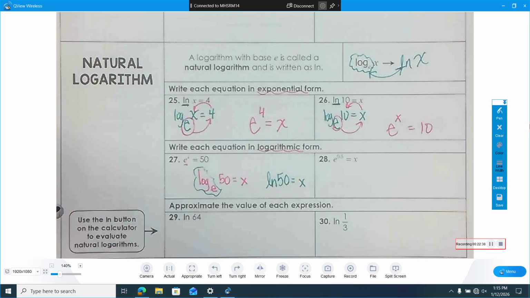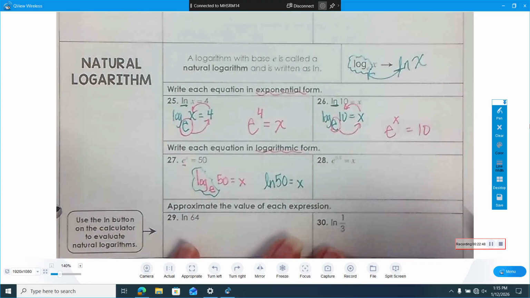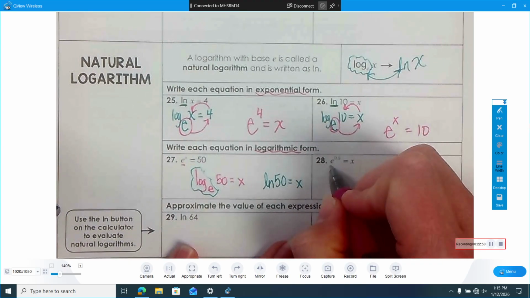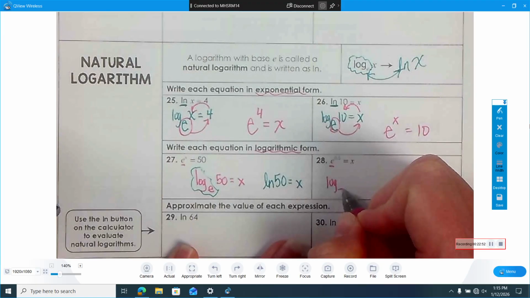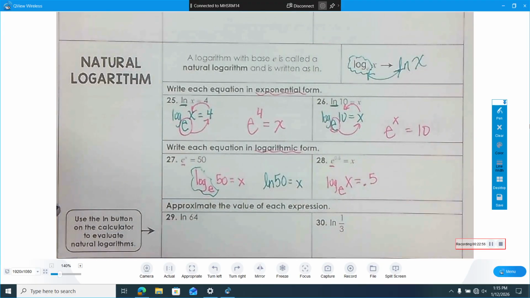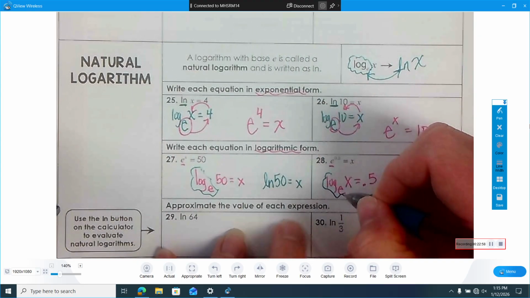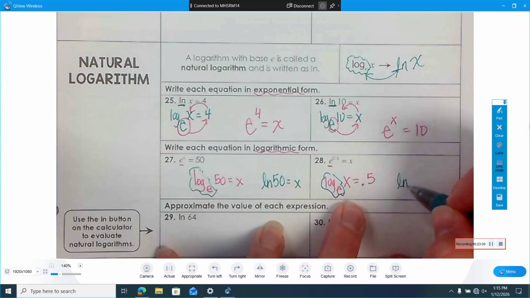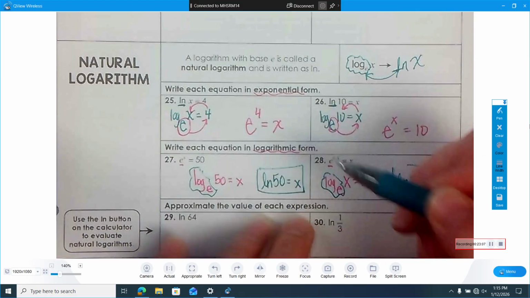So I prefer you actually say the whole word natural log. This is math class, and ln does not belong. But natural log does. All right. Here we have our base of e, so log base e of x equals our power of 0.5. And again, just to clean it up, log base e is really the same as natural log of x equals 0.5. So this is the best answer.